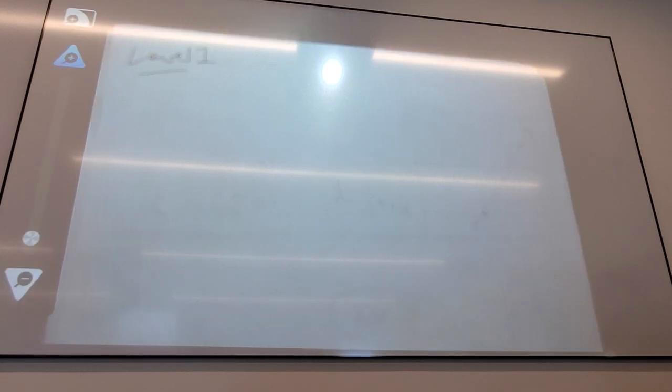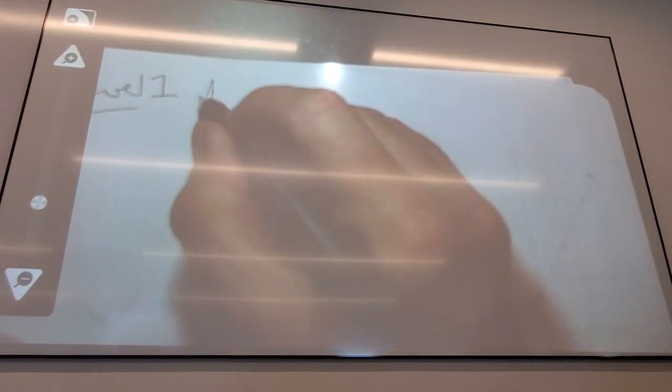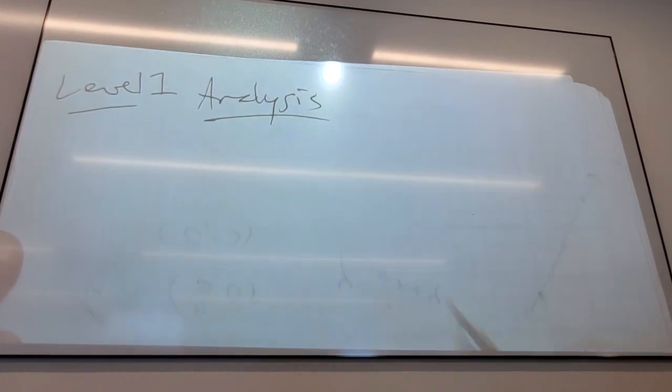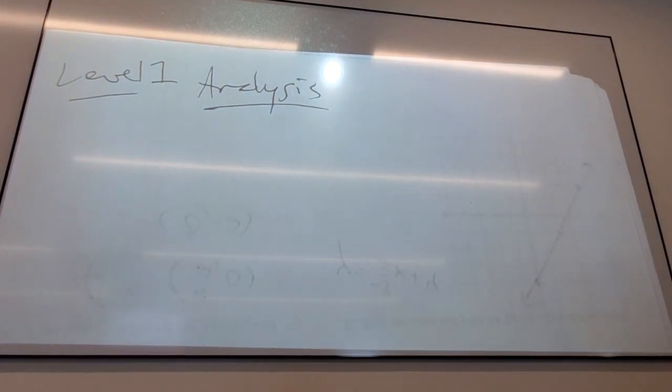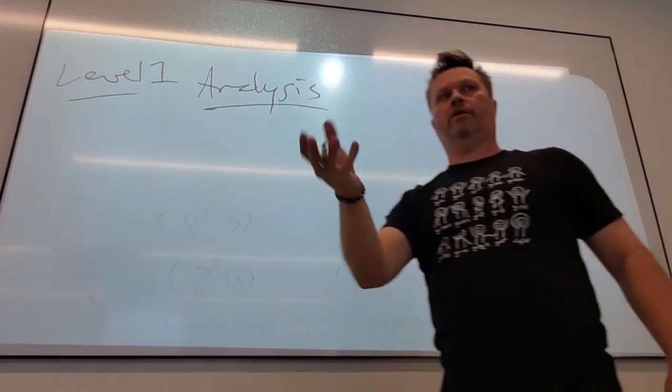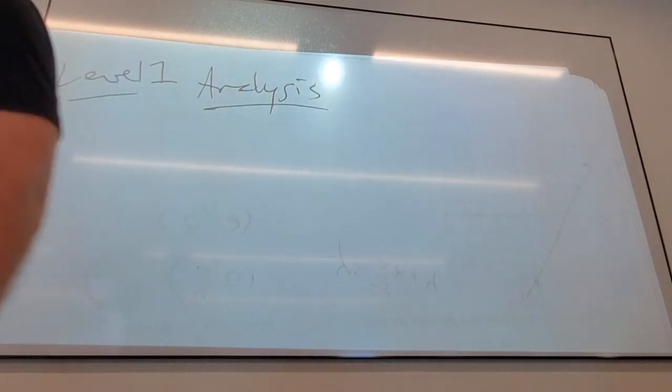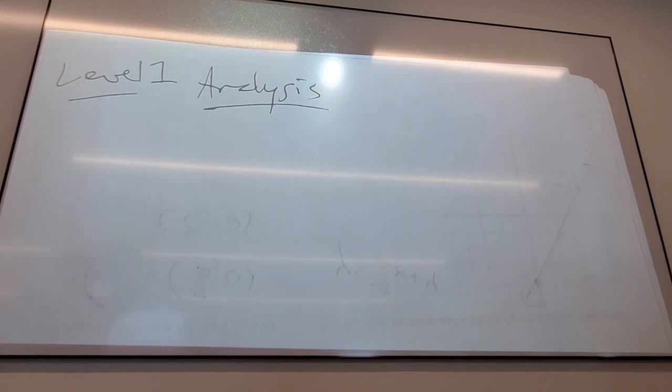Level 1, we call the analysis level. And this is where they start looking at the actual characteristics. They start to realize what it takes to define an object. Therefore, rotation won't throw them off, because they've identified that a square has right angles and 4 equal sides.